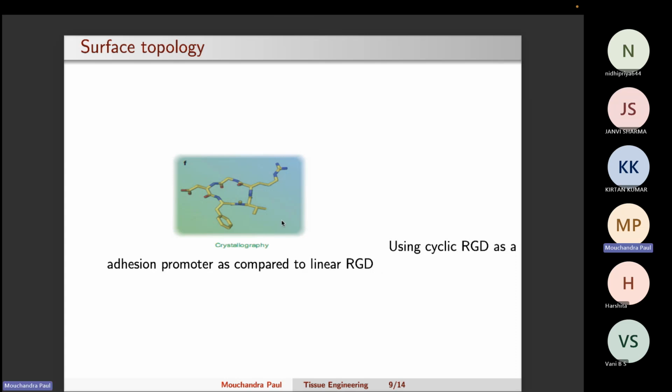Another way is you can use a cyclic form of RGD peptides rather than the linear RGD peptides onto your synthetic scaffold, which does not have any cell binding sites. People have observed the cyclic form is a better cell adhesion promoter than linear RGD. So you can play with the structure of the RGD for triggering better cell adhesion. Okay.